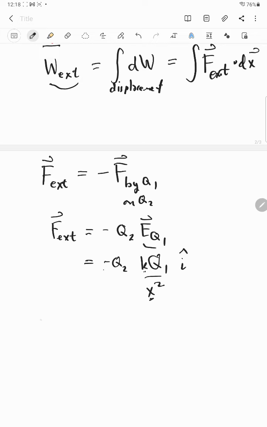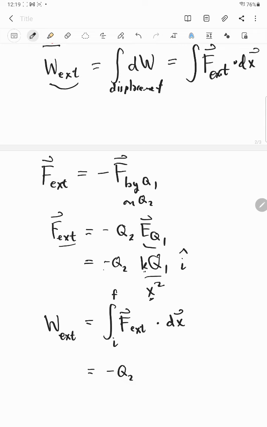So now we have an integral that we can do. The work done by this external person is equal to, remember, the external force dotted with small displacements. And we're going to start at a place called initial and finish at a place called final. And when we write it in terms of how we've written the external force, it looks like this.